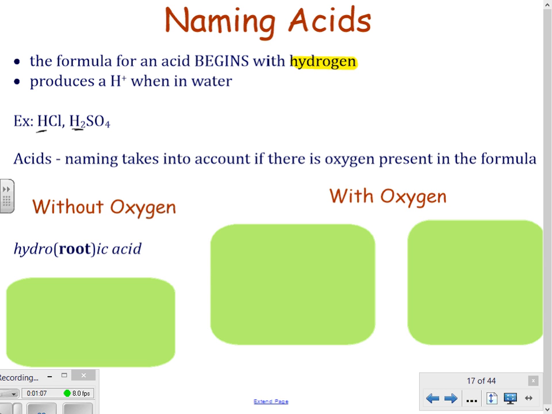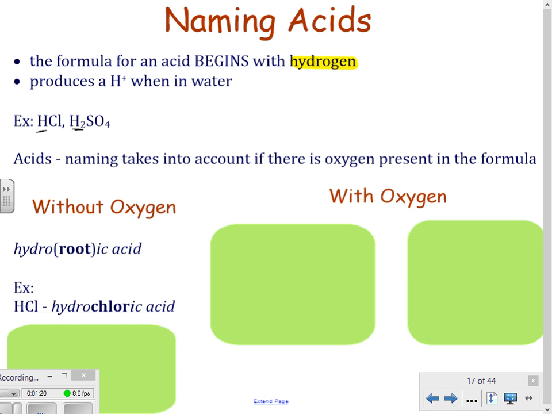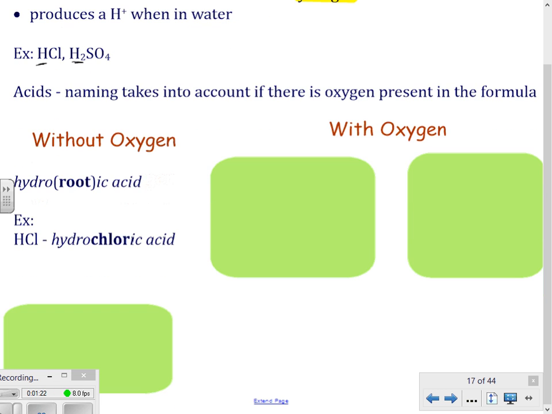You put the prefix hydro, take the root of the anion, add ic at the end, and then the word acid. So hydro-ic acid. So HCl, chlorine is your root. It's the anion, so it's hydrochloric acid.